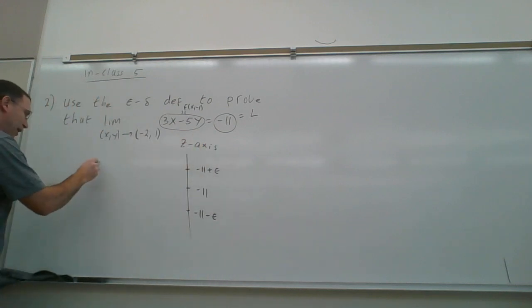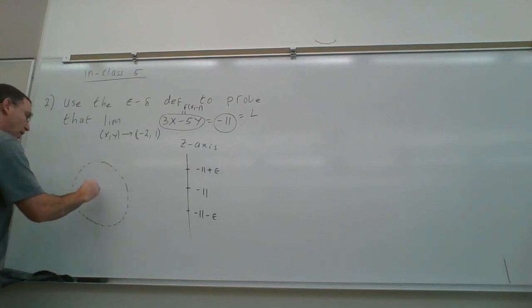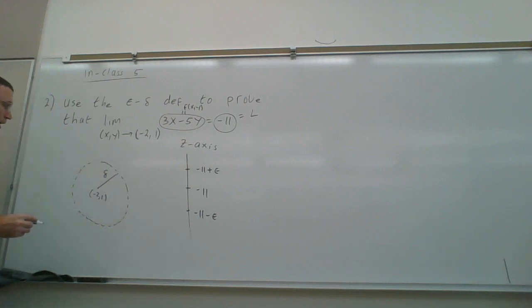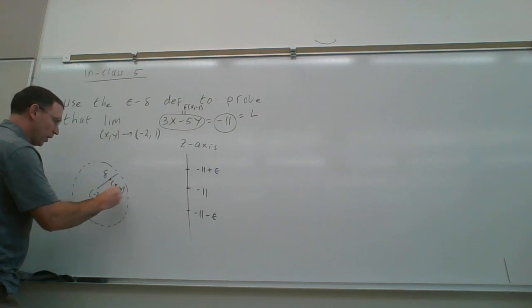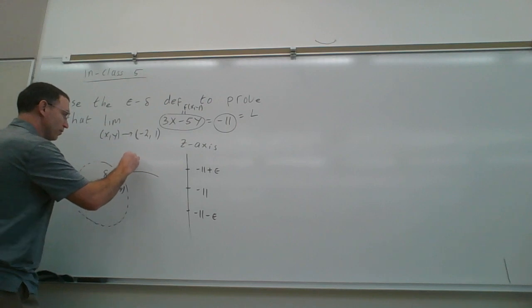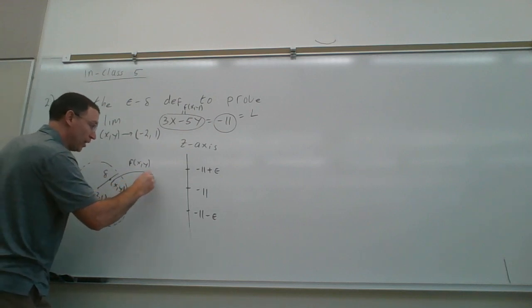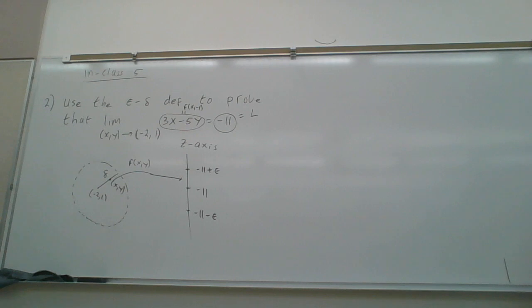And in the xy plane, we would have an open circle with center (-2, 1) of radius delta. Now, we pick a point (x,y) in the circle. We want it so any point in that circle, when you map it under f, it changes to a z value. You want all those z values to be between these 2 points in that interval.